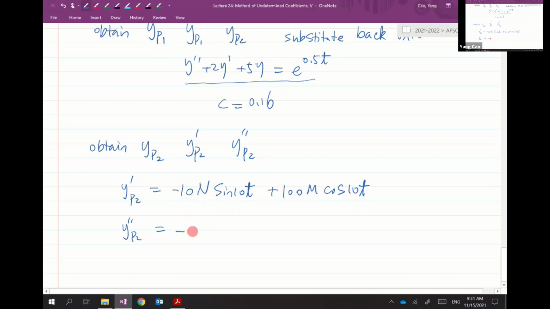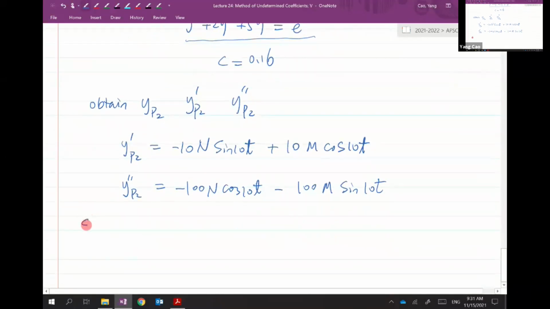And you get negative 100n cosine 10t. And then, I'm sorry, this is not 100, this is 10, right? Yeah. And then minus 100m sine 10t. Okay, so that's YP2 prime and YP2 double prime.